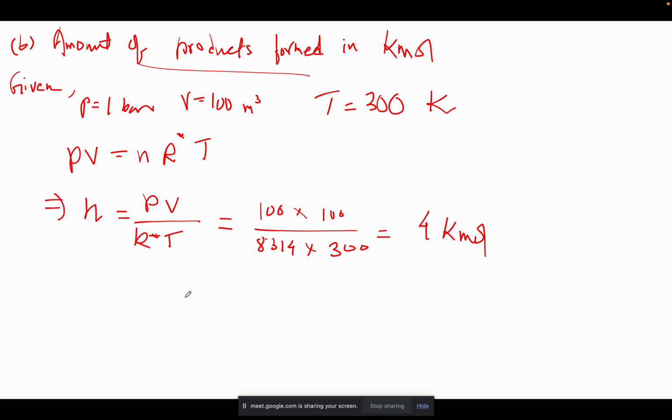So for 1 kilomole, number of moles of the product is equal to what?